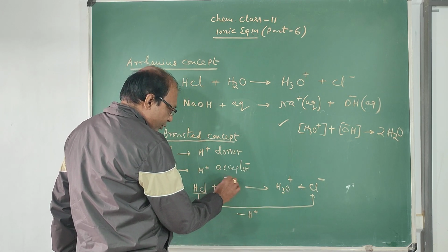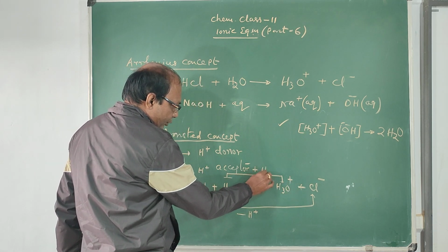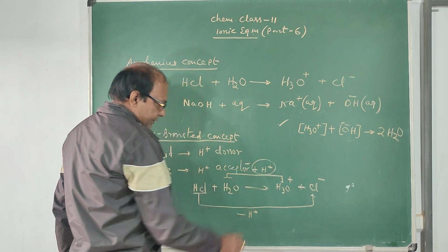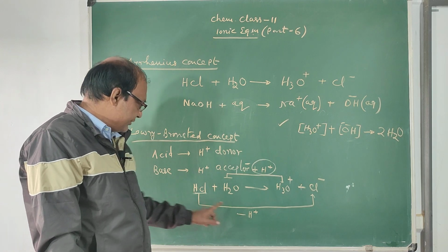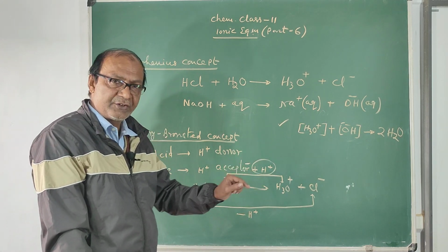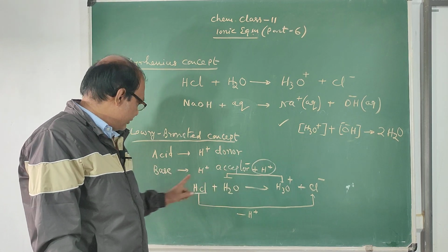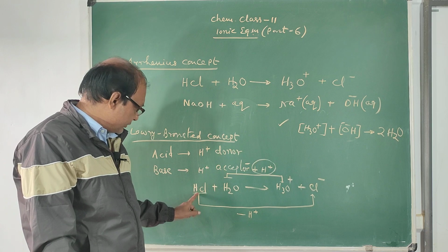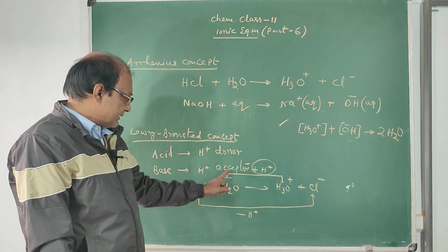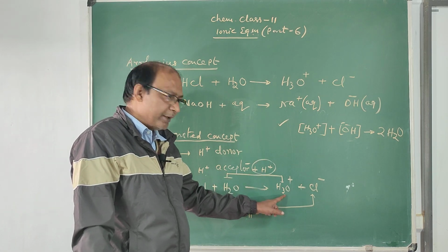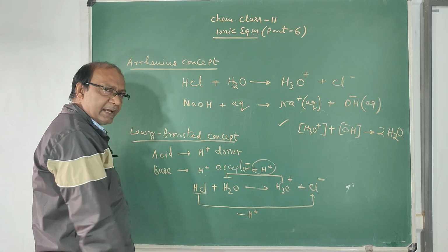And if you go from here to here, you see that water is accepting a proton, H+. So water is accepting a proton and HCl is donating a proton. So according to Brønsted theory, HCl is acid and water is base. Because acid is proton donor, this is donating the proton, that's why it is acid. And base is proton acceptor, this one is accepting the proton, so it is base. So water is base and HCl is acid.